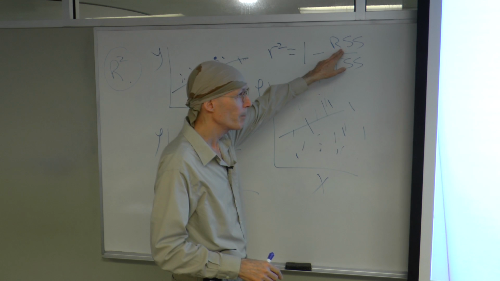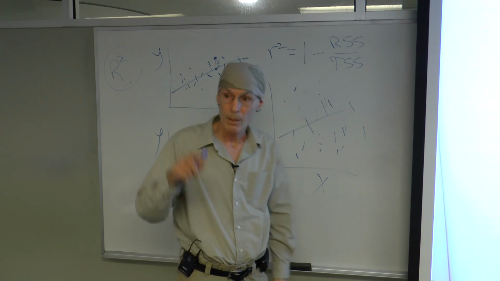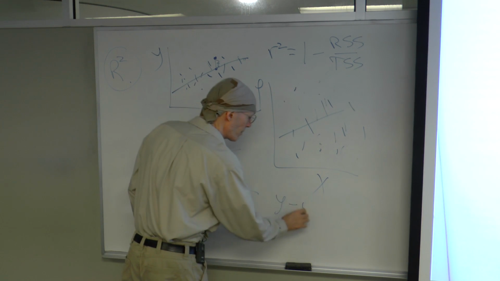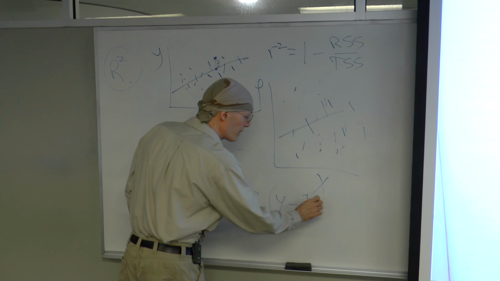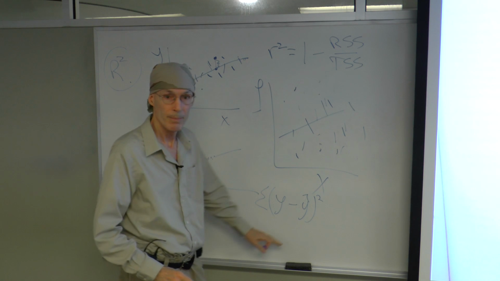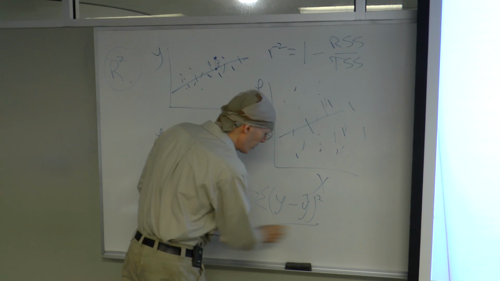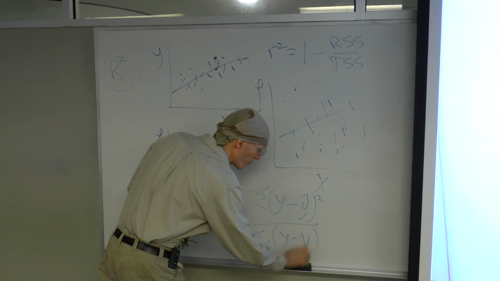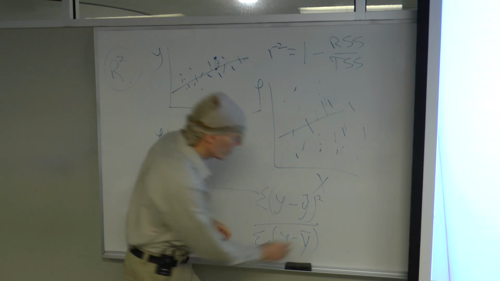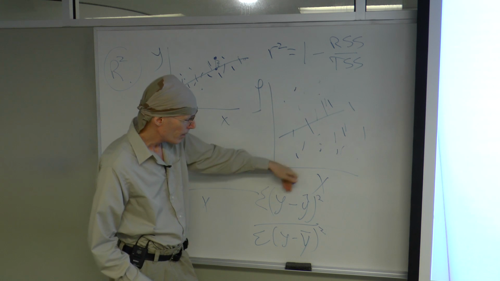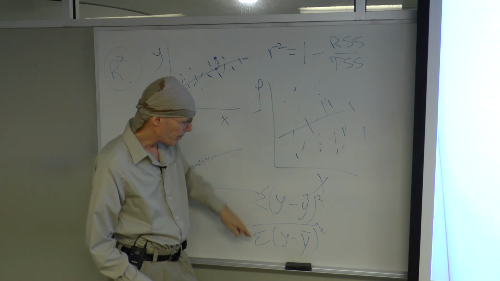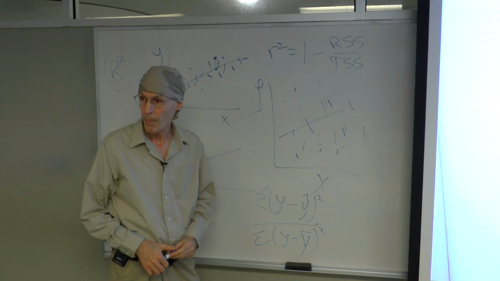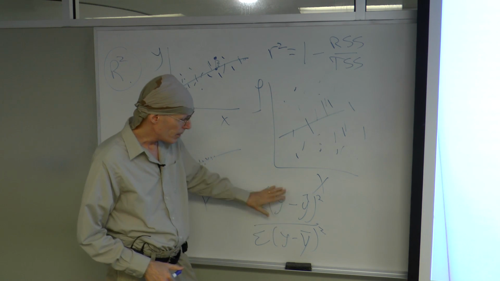This residual sums of squares is your y minus your y hat squared, adding those up. So what you're doing is you're summing up the y minus its y hat squared, divided by the y minus the y bar. Okay, so it's the ratio between the two.